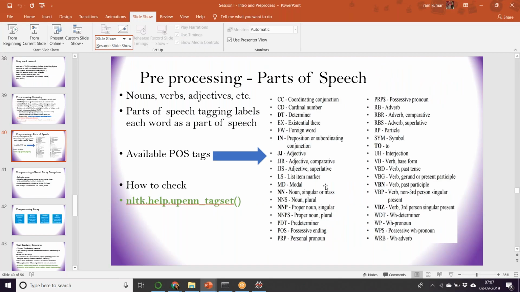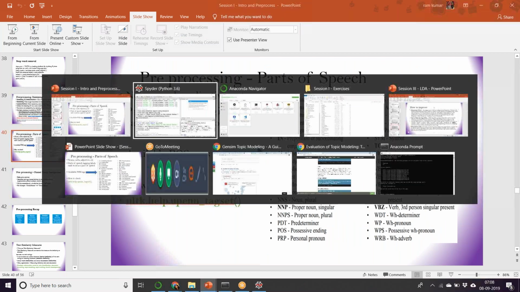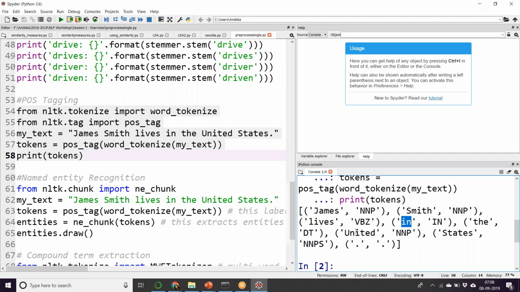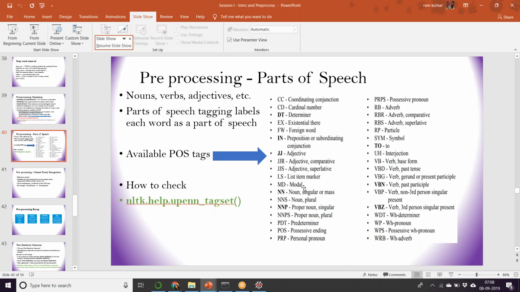We can always refer to this to see what the individual tags represent. So in this example, when you filter parts of speech, you can always eliminate modals, determiners, and prepositions, and these two also we can eliminate.